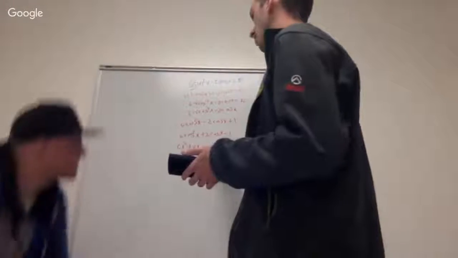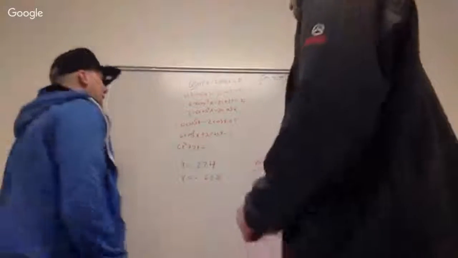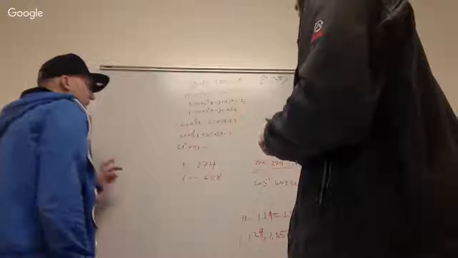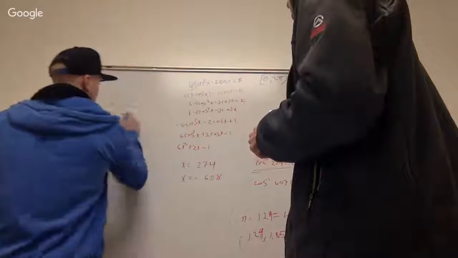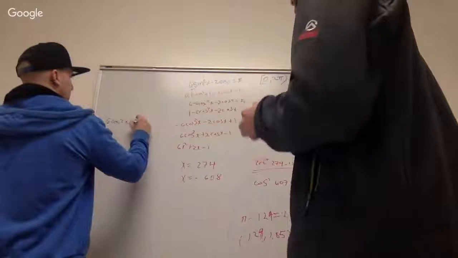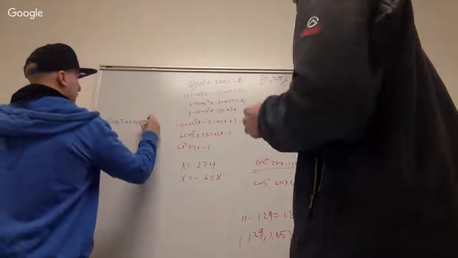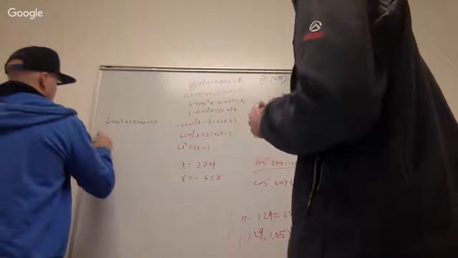Yeah, because we could have done it our way too. It would have sucked. So if we did it our way, we would have done 6 cosine squared x plus 2 cosine x minus 1 equals 0, and we would have factored out a cosine on each side.